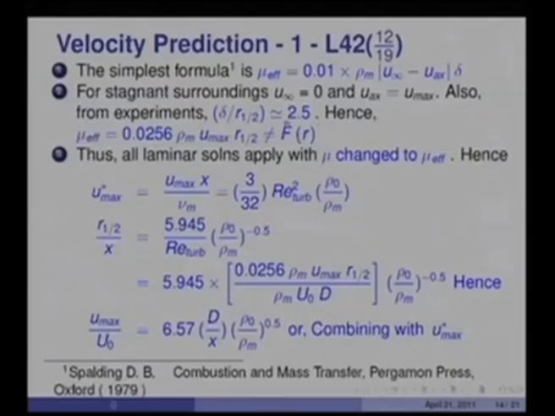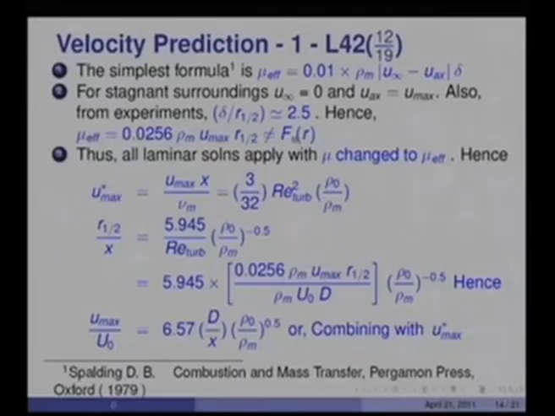And therefore, if I substitute delta and set u infinity equals 0, then you will see I get mu effective equal to 0.0256 rho m u max r half. And as you can see, r half can only be a function of x, u max likewise can be a function of x, and therefore, this is not a function of r.